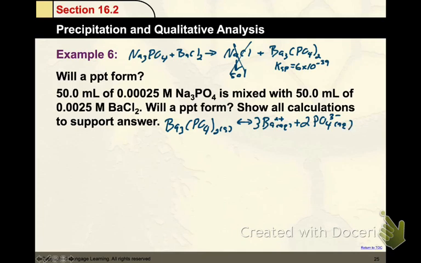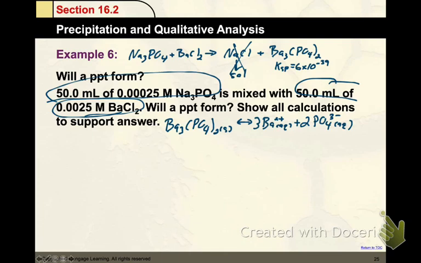But what are our concentrations of those that we're dealing with? Well, we've got these two solutions that we're mixing together. So by mixing them together, we're going to get new volumes to deal with. So we're going to have to do some M1V1 equals M2V2s to get the correct concentrations here.